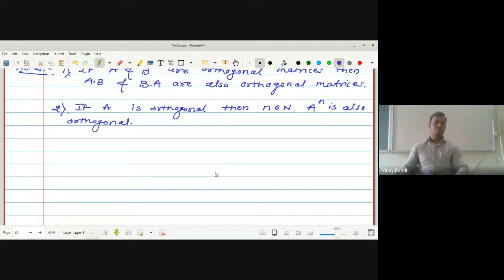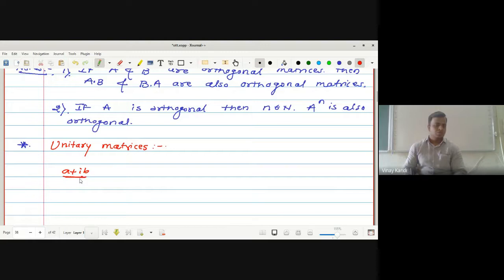Okay, now the next type of matrix is unitary matrices. Before going to this point, tell me: if there is the complex number a plus ib, so this is the complex number.